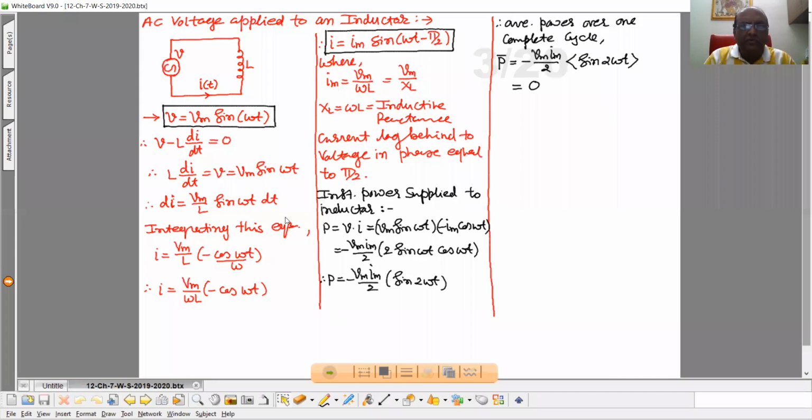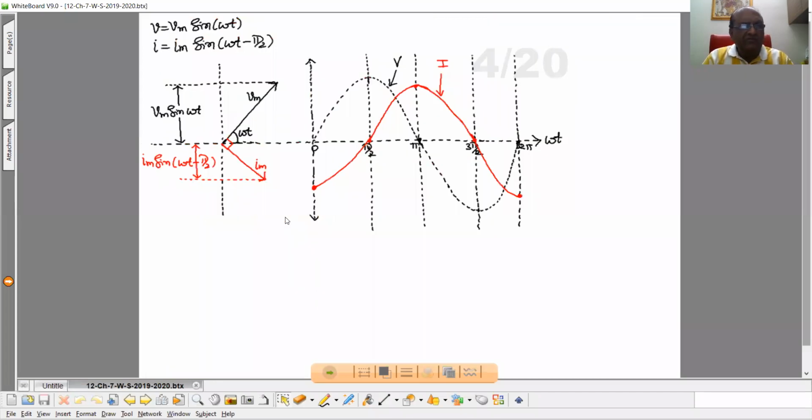Clear to all of you? So now let's prepare the voltage and current versus omega t graphs and the phasor diagrams.